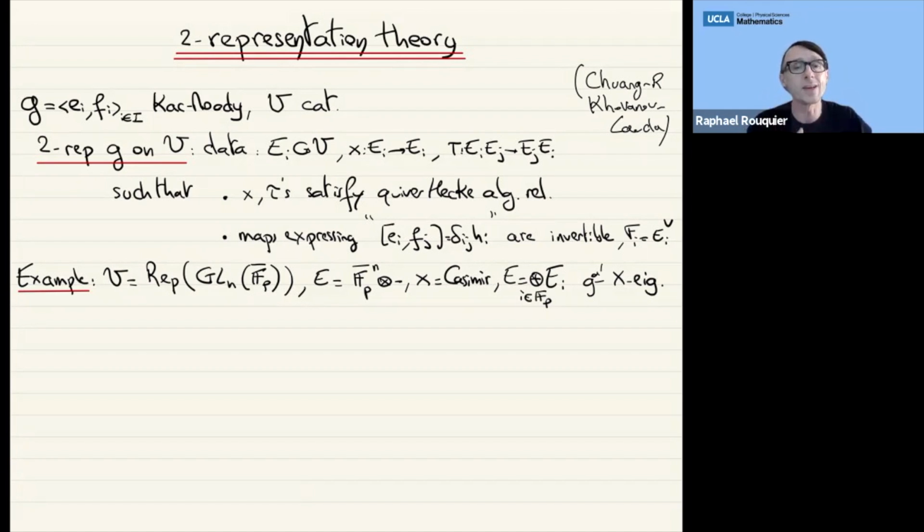So endowing certain representation categories with this extra structure of 2-representation is going to enable proving, for example, that they're equivalent to other categories which maybe are constructed geometrically, or various other things.